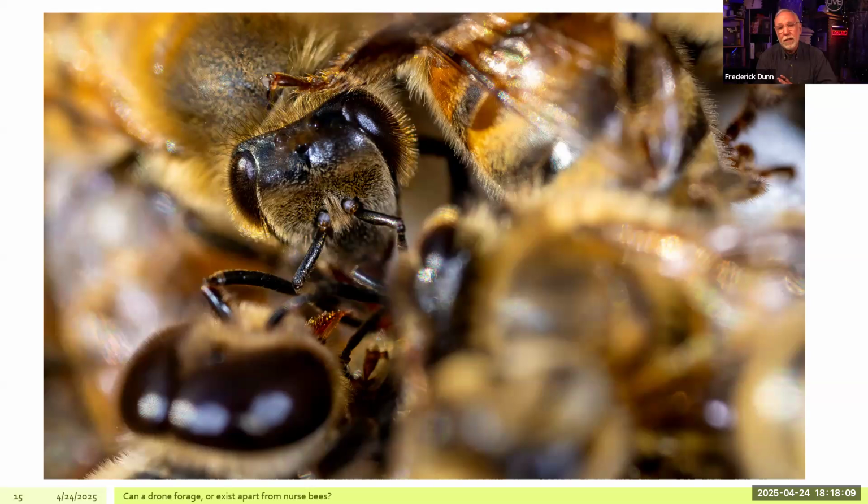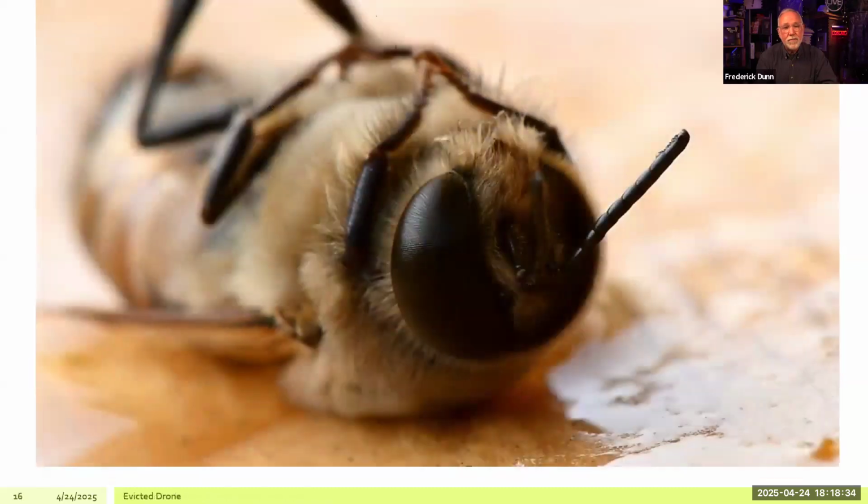The other thing is regular honey, sugar syrup, something like that will not sustain a drone. They have to be fed a really rich protein-reinforced diet from nurse bees so they can get along. My grandson has collected them, tried to prove me wrong, and he feeds them different things, but they all die and end up in his matchbox by the end of the night. So they can't take care of themselves.